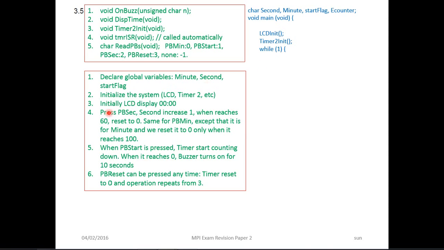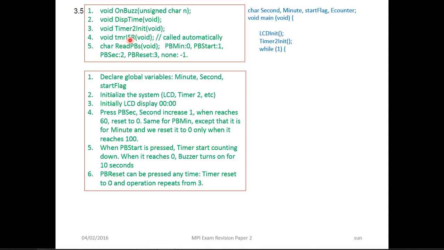Step 3 states that the LCD should display 00 initially. We can use this time to do this, but we don't have to because the timer ISR will call this function.